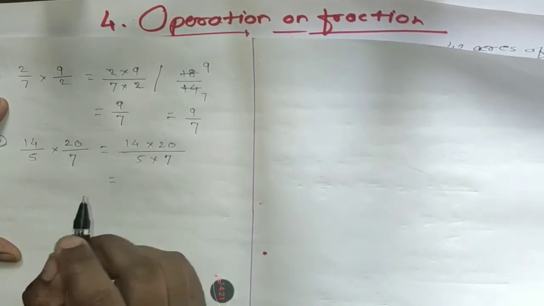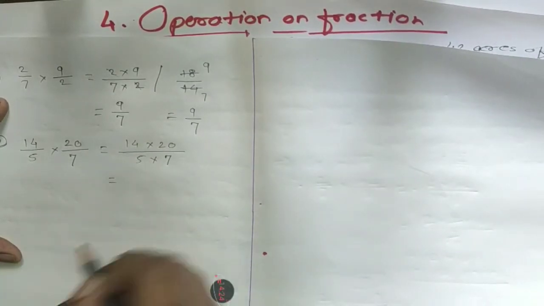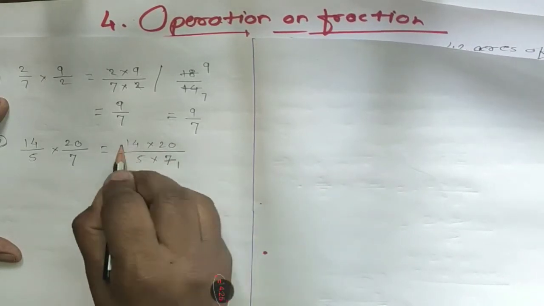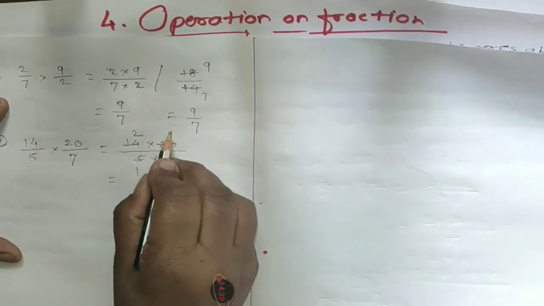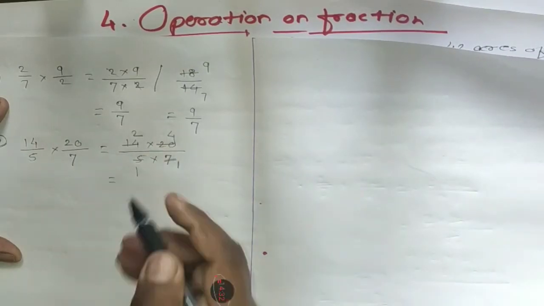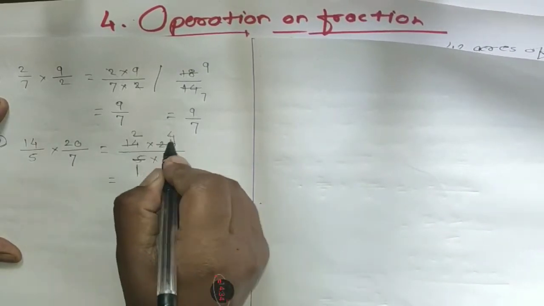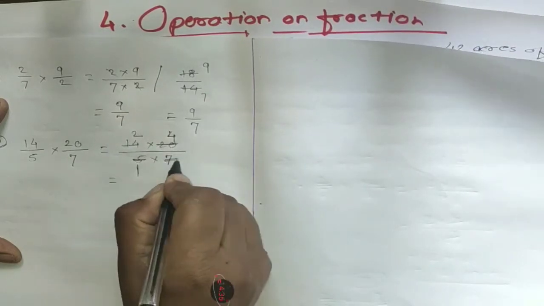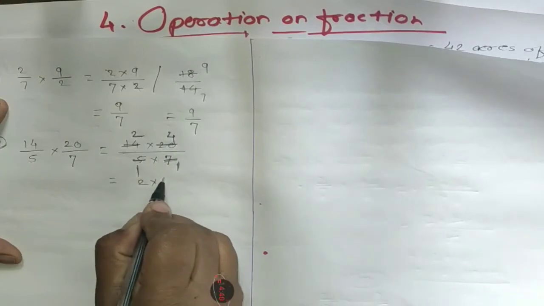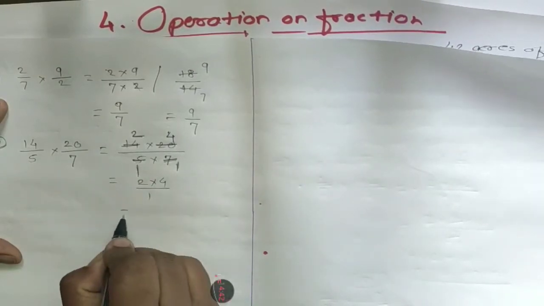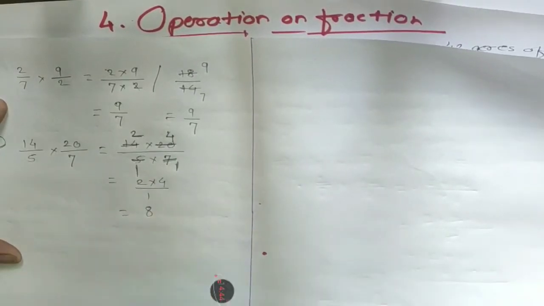If you divide in this way, 7 1s are 7 and 7 2s are 14, and 5 1s are 5, 5 4s are 20. Here I got 2 into 4 upon 1. So 4 2s are 8 is its answer.